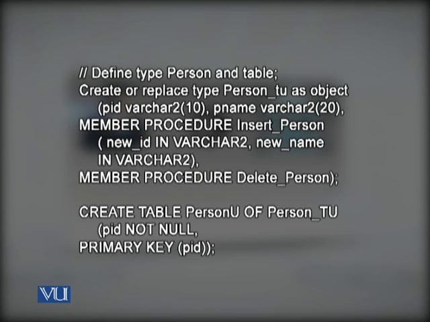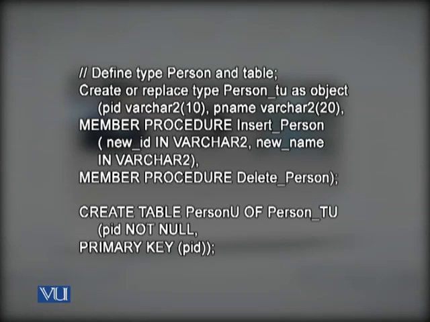So we created a person type for the union inheritance as object, and then we defined two attributes for this type, which are person ID and person name. And then we defined two member procedures. One is member procedure insert person. This procedure will be used to insert an object into the person table that we'll create later.